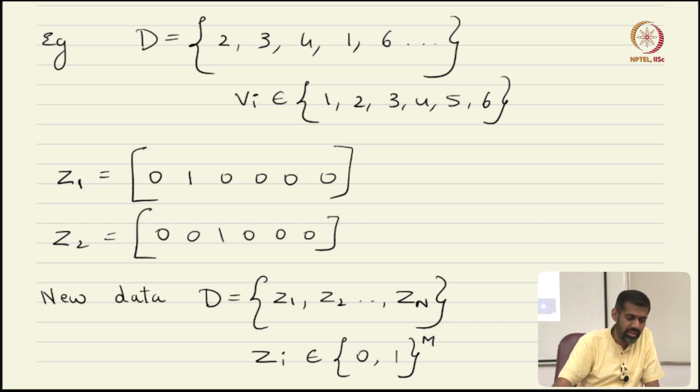So now my new data is D equal to Z1, Z2 up to Zn, where each Zi is a discrete vector of length m.